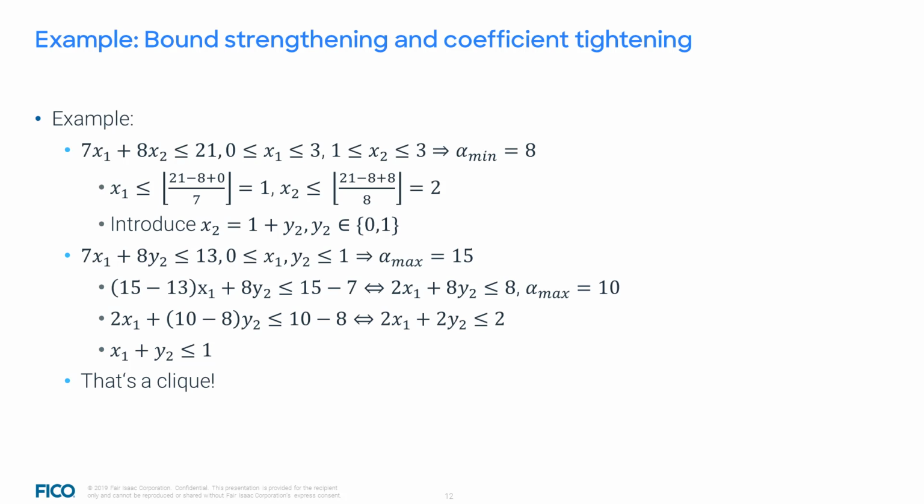By using the formula that we saw before for the variable x1, we reduce the linear inequality to a tighter one, which still has the same set of integer solutions. Applying the same to y2, we obtain 2 times x1 plus 2 times y2 less than or equal to 2. This we can scale by a factor of 2 and get x1 plus y2 less than or equal to 1. This is a clique. Would you have seen this from the original constraint?